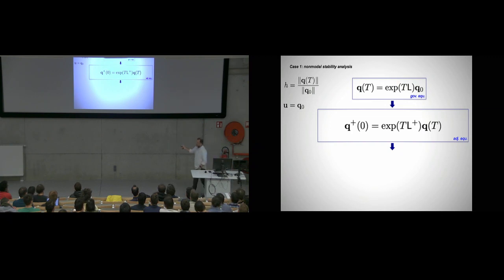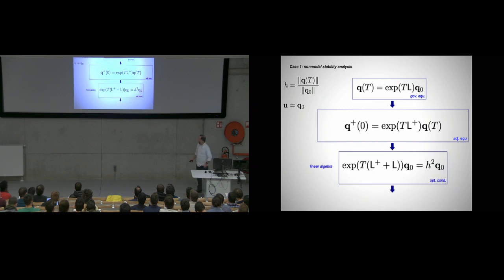And then my third box was the gradient expression, right? I stick all of that into the gradient expression, and what comes out? An eigenvalue problem, from the linear system, where the initial condition appears as an eigenvector, and the gain appears as the eigenvalue squared. And this exponential is L and L plus together, so this is the full round trip. Okay? Forward is for L, backwards is for L plus.